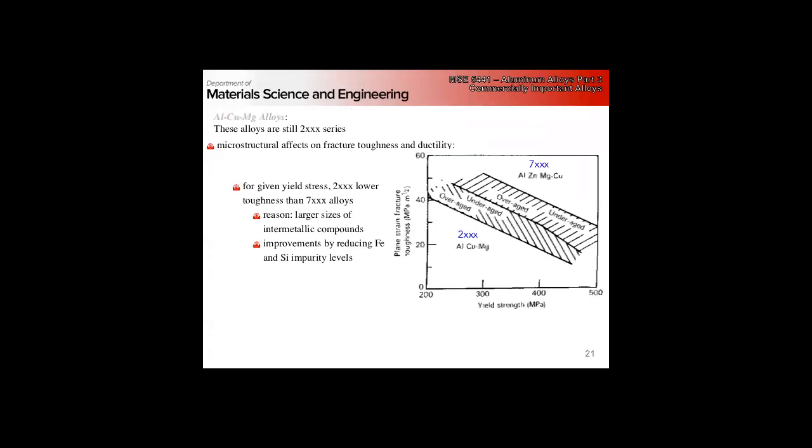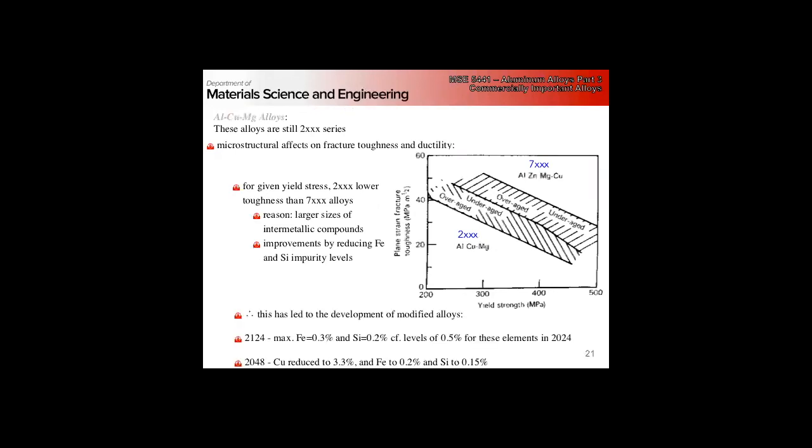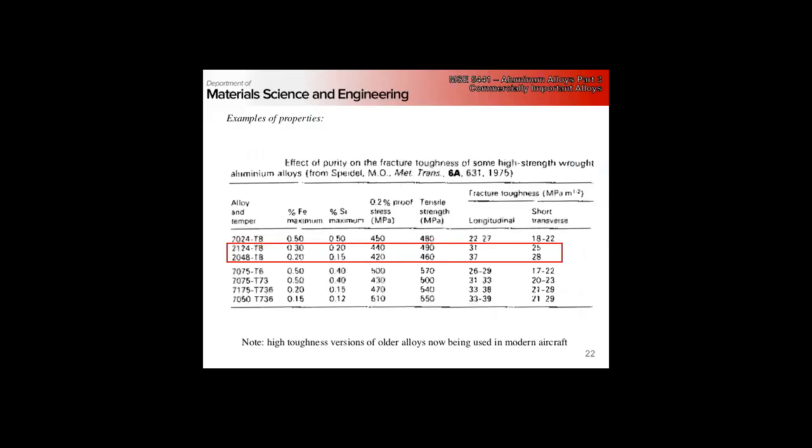General trends are good to know. 7,000 tends to be better in toughness than 2,000. 7,000 gives you the most bang for your buck for solid solution strengthening. 2,000 is better than 7,000 in fatigue.